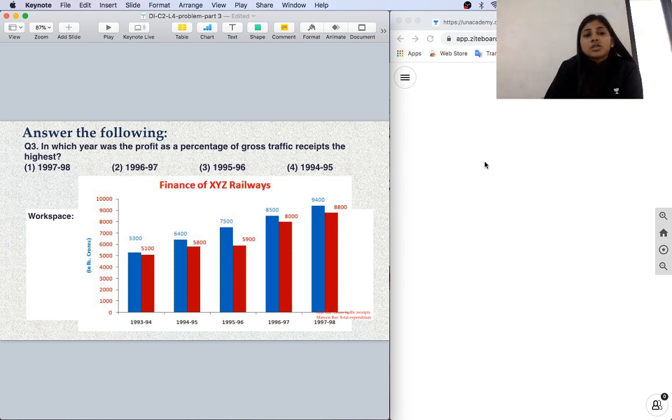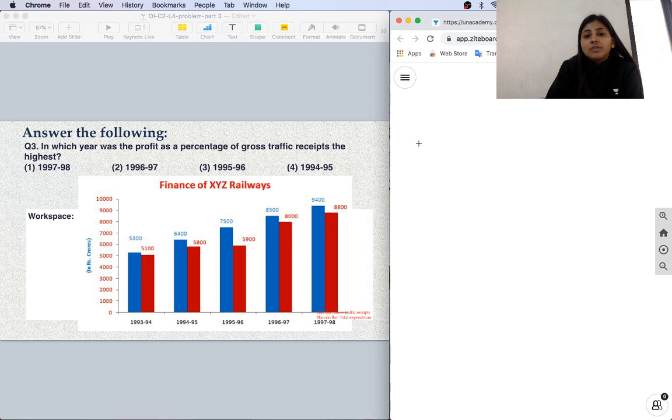Okay, let's do it. In 1997-98, profit will be 9400 minus 8800, that is 600, divided by 9400. Next, in 1996-97, profit will be 500 by 8500.